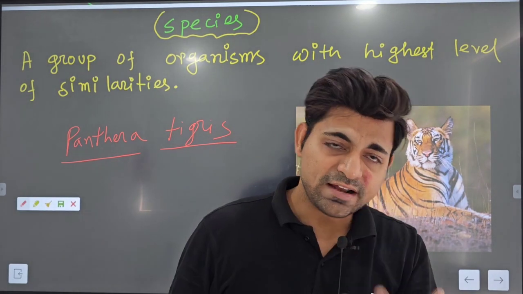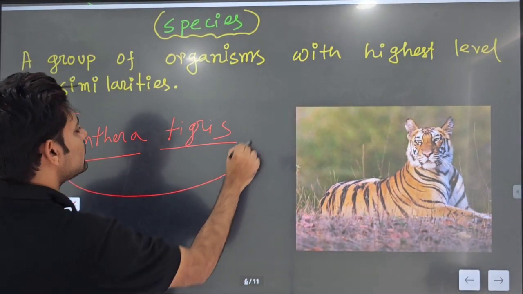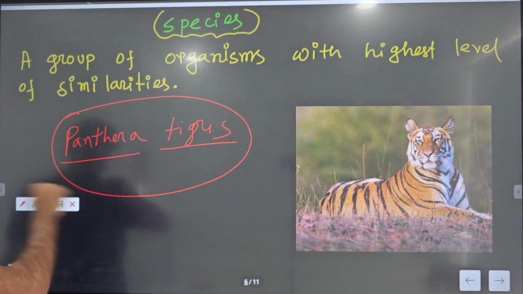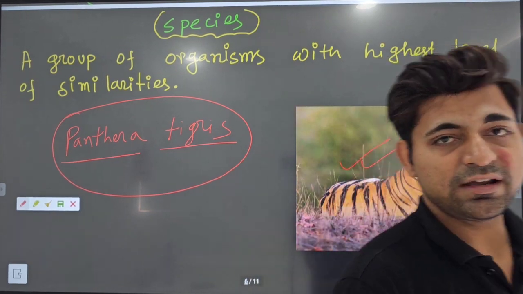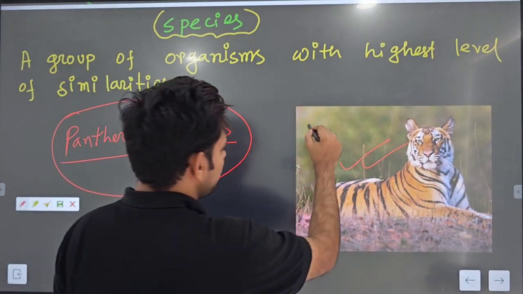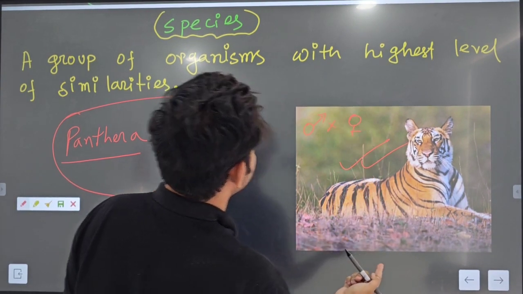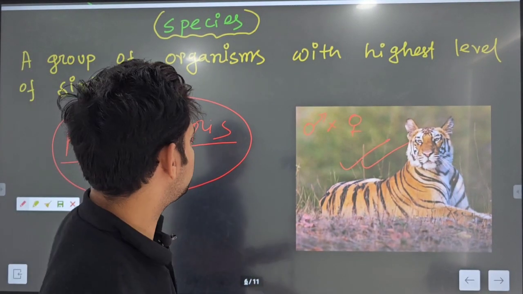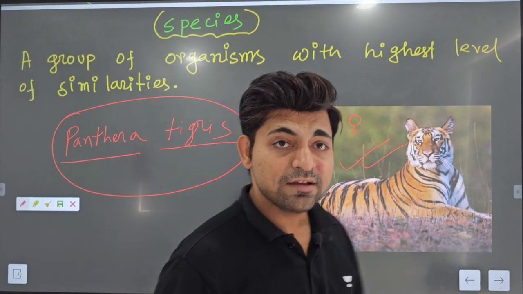Now, which animals will you keep under this species Panthera tigris? Animals like this you will keep under Panthera tigris, right? If you take one male Panthera tigris and a female Panthera tigris and leave them together, naturally they will inbreed and their offspring will be fertile.